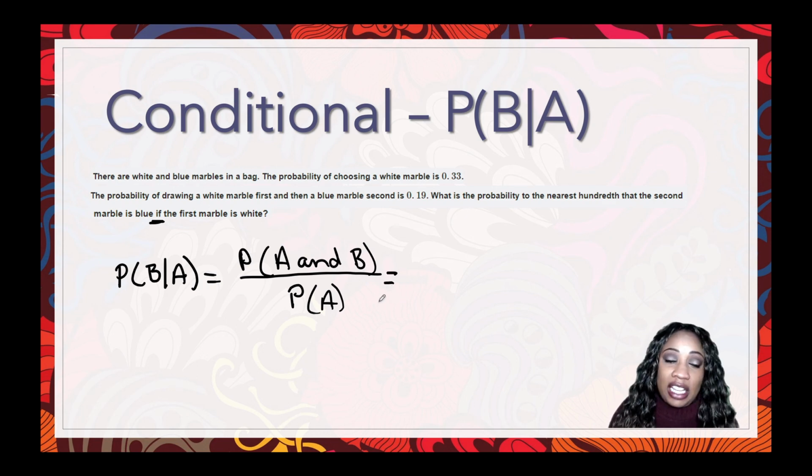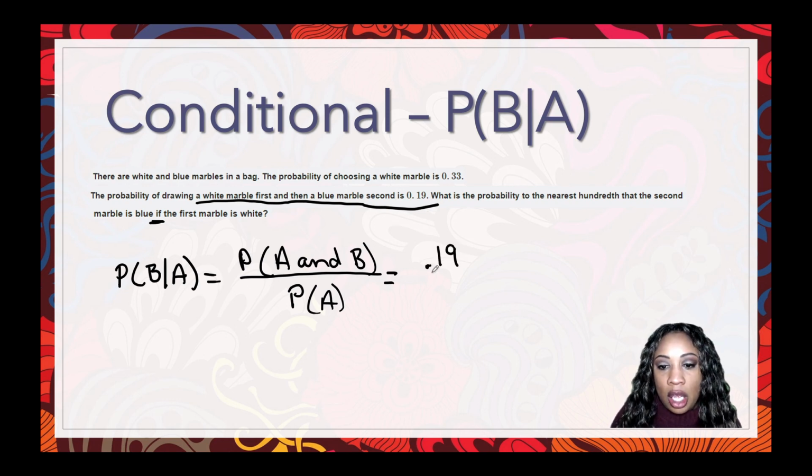Okay, so the first thing is the probability of A and B. So our probability is going to be that the second marble is blue and the first marble is white. So it says the probability of drawing a white marble first and a blue marble second is 0.19. So that is going to go on the top. And then the probability of A is going to be that the first marble is white, which is going to be 0.33.